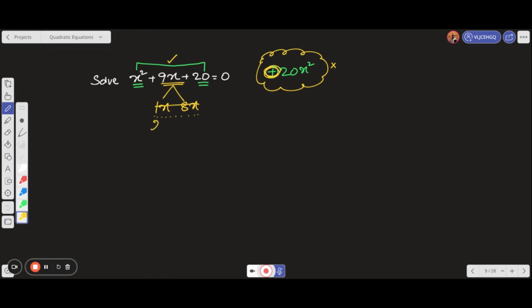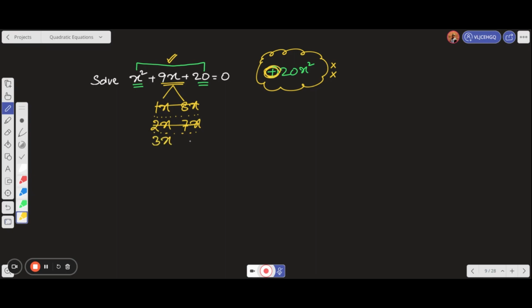After 1, I am taking 2x plus 7x. 2x plus 7x, when I sum up, I'll get 9x, which is the middle term. Okay, 2 times 7, is it equal to 20 or not? The answer is no.